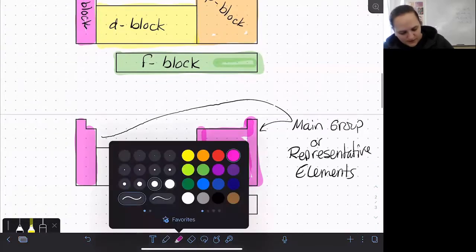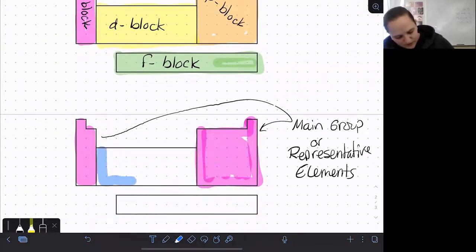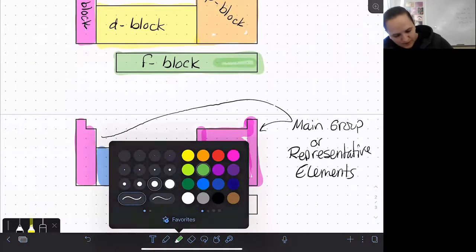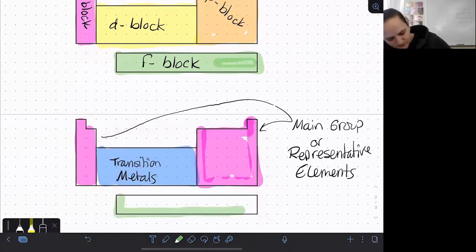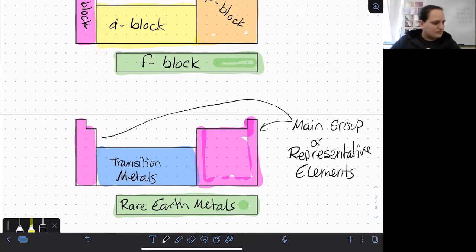The D block in the middle is also commonly known as the transition metals. That's one that you will hear a lot. And the F block you will often hear referred to as the rare earth elements or rare earth metals.